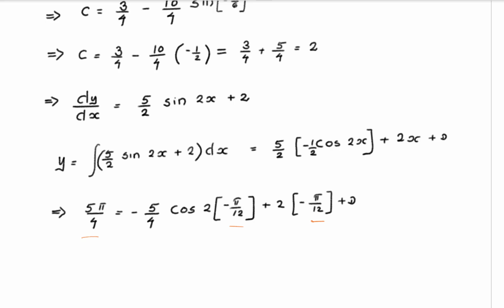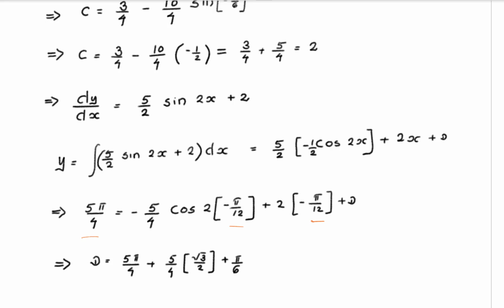What is cos? We could actually further simplify it. It is cos of minus pi by 6. What is cos of minus pi by 6, Amrita? Root 3 by 2. Good memory you have, Amrita. So let's substitute that value, and that will give you a much simpler form. So d will be, let's isolate d onto one side, everything else to the other side.